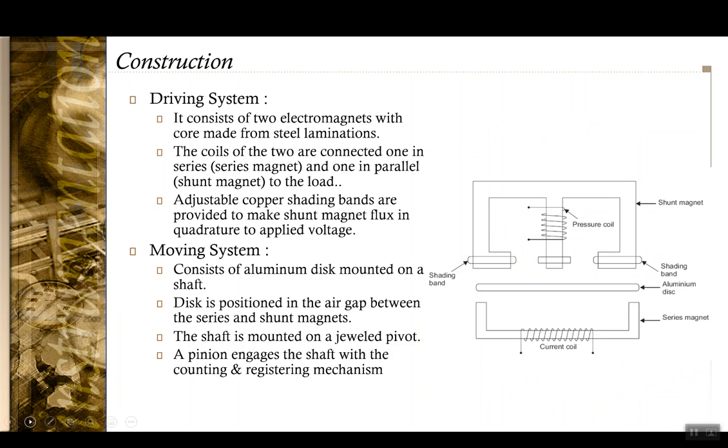Okay, the moving system would consist of this aluminum disc that is mounted on a shaft and placed in the gap between these two magnets. And in order to reduce the friction, the shaft is dual pivoted, and there will be a rack and pinion mechanism that engages this shaft to the registering mechanism.